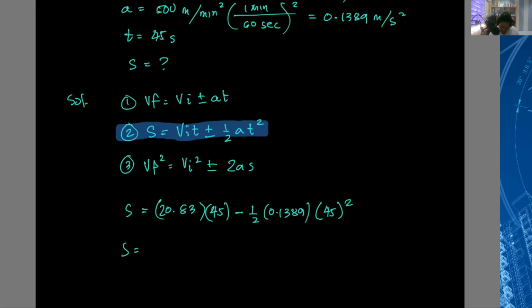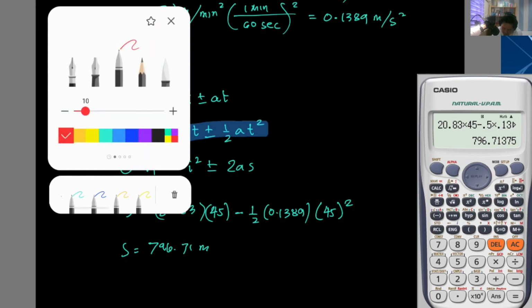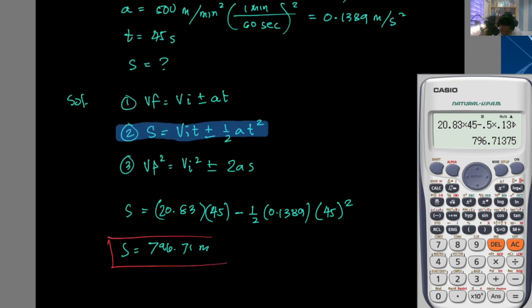S is expectedly in meters. So 20.83 times 45 minus 1/2 times 0.1389 times 45 squared. The answer is 796.71 meters. This is the distance traveled by the car.